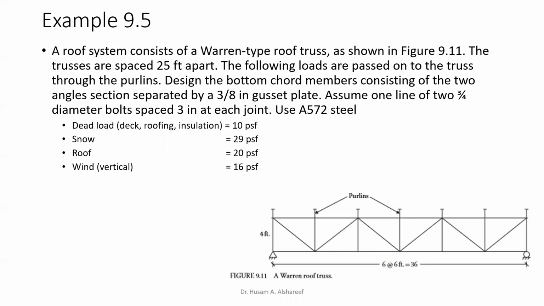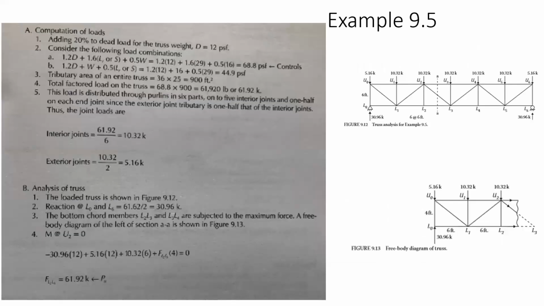That dead load works for the deck, roofing, and insulation, but not necessarily the weight of the truss itself, so we have to consider that. And then we have a snow load, roof live load, wind, and so forth. So following the procedure we went over, let's jump right into the solution.